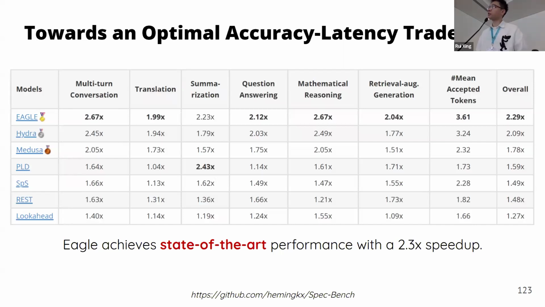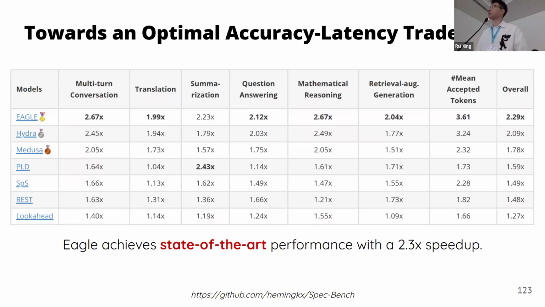Because in the summarization scenario, the input and output have high similarity, and some text spans could be directly copied from the input to the output. So PLD is the current best method because it just copies from the input to the output. It does not introduce extra drafting latency, and the speculation accuracy is quite good because the scenario is very specific and the input and output have some inherent similarity.